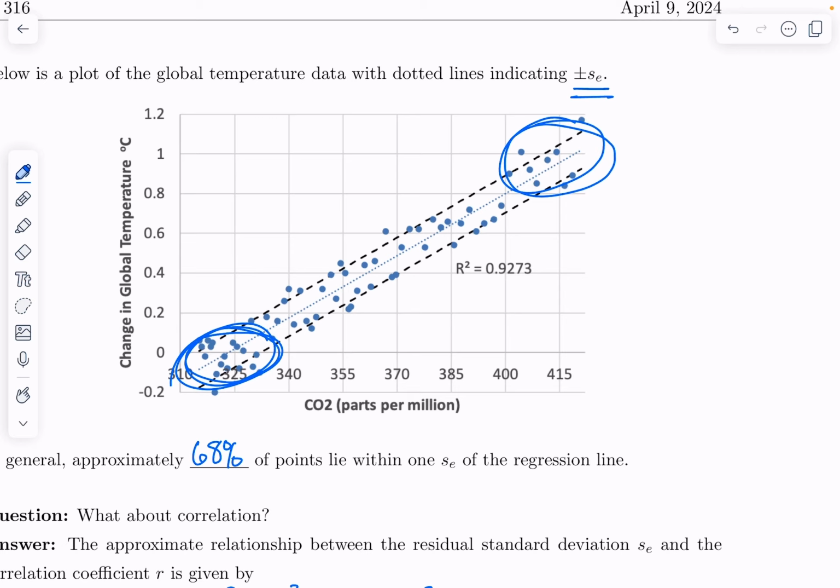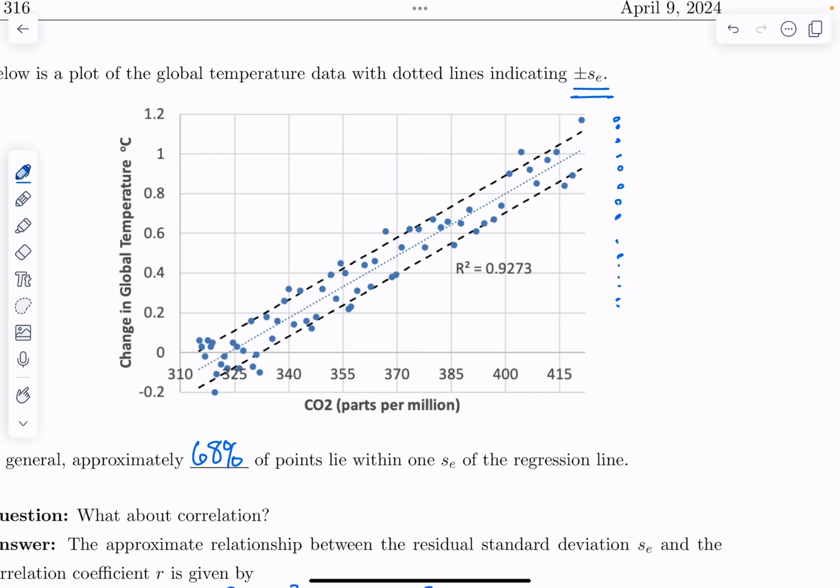Okay, so when I say variation in y, you can imagine that I'm taking all of the data points that you see along here and I'm kind of replicating them as one data set. Okay, and then I'm asking the question about how much do the global temperature changes vary.